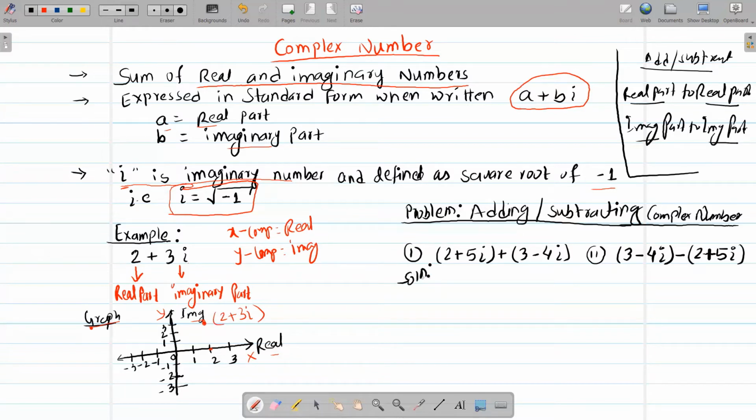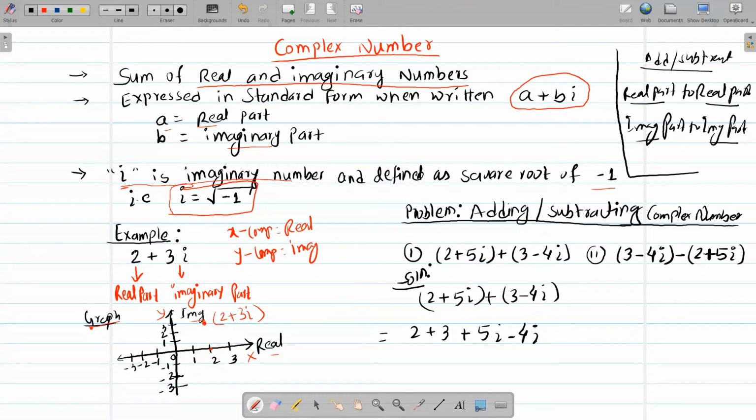Problem one: we have 2 plus 5i plus 3 minus 4i, right? Now we add the real part to the real part, so we have 2 plus 3, plus we have 5i and negative 4i.